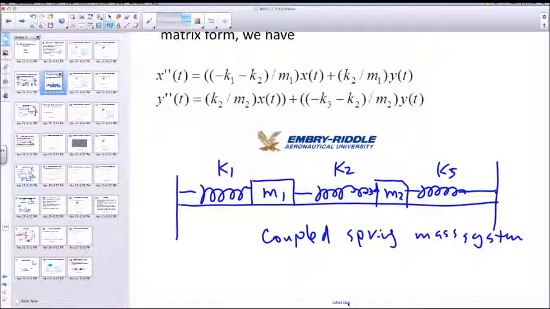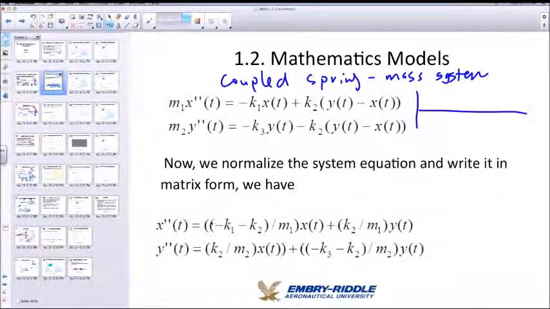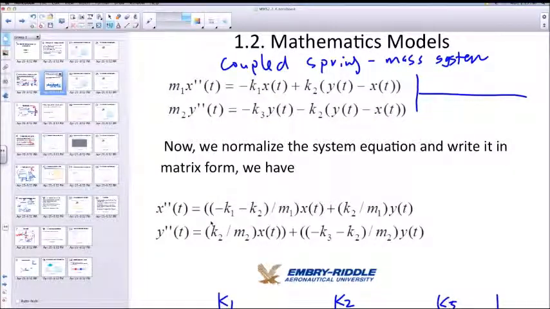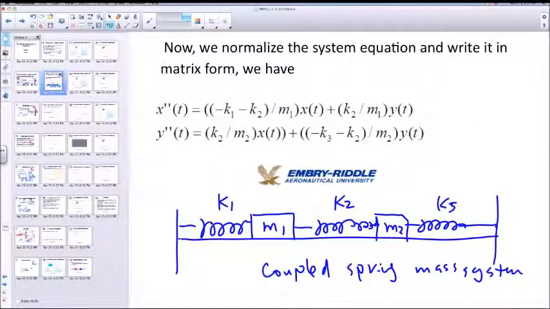Now, to get this system's equations is a little bit tricky. You need to look at Newton's law in 2 different coordinates. The first one, let's say you don't apply any force to the system, and this M1 stays here as the equilibrium point with x equals 0, and the M2 stays here, with y equals 0.